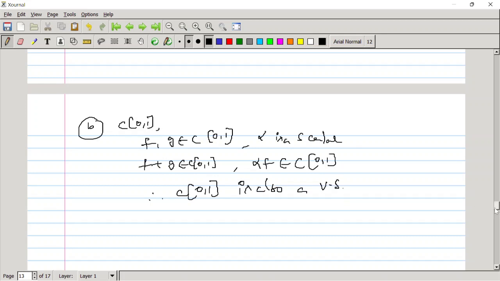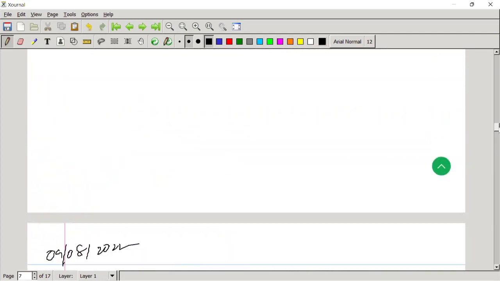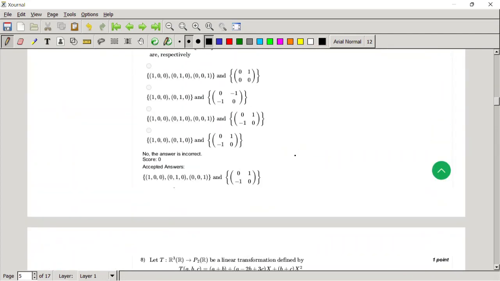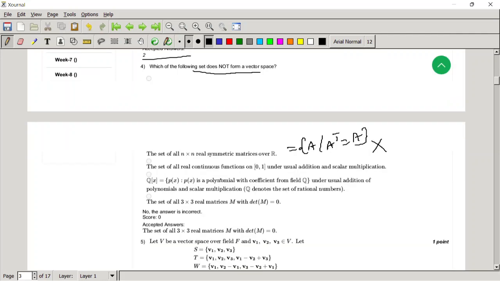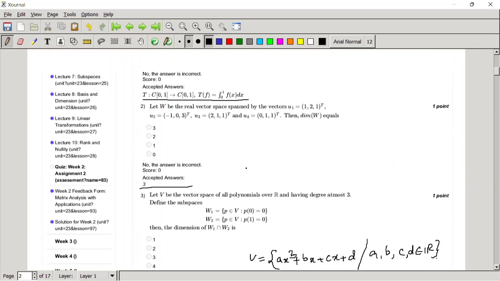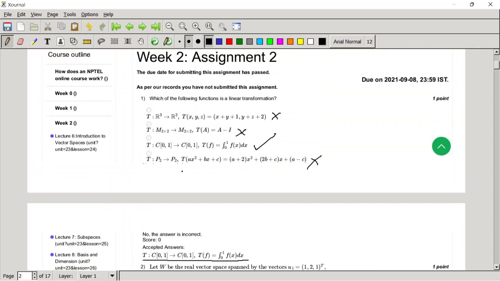You can see this in previous options, but here it is not given directly. The real continuous functions is nothing but C of 0 comma 1, which is already given here as a vector space.